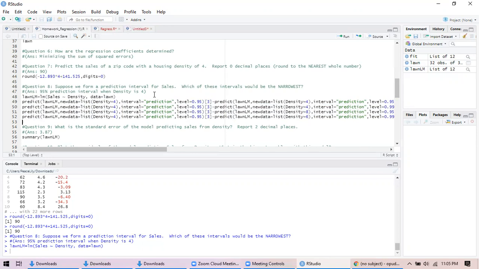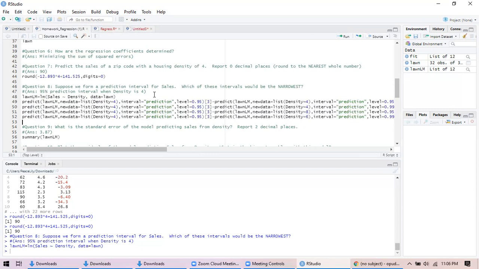So for this one, what is it asking you? It's asking you for the prediction interval, right? Yes. Do you know what the prediction interval is?